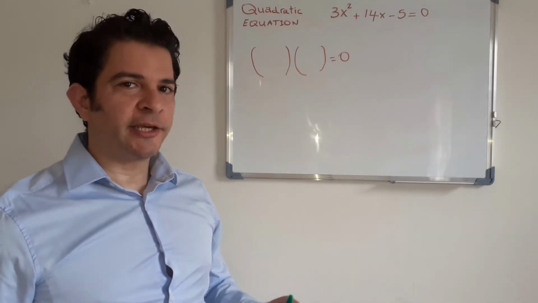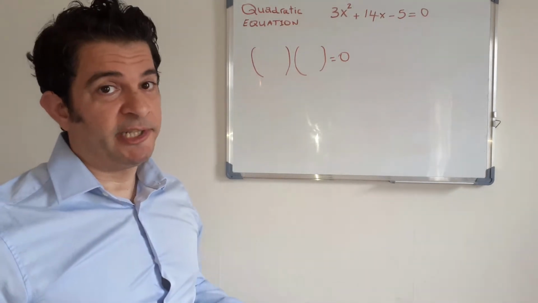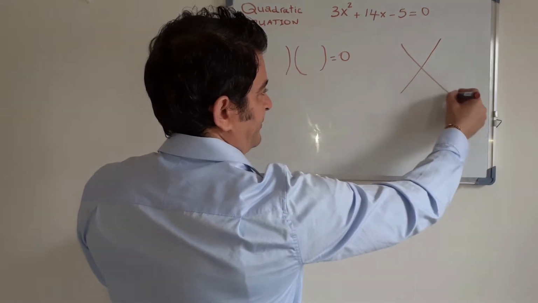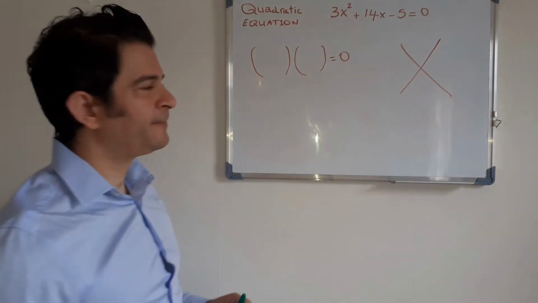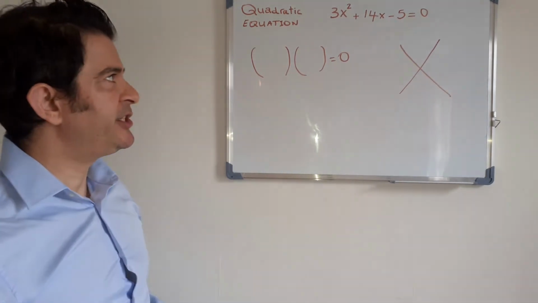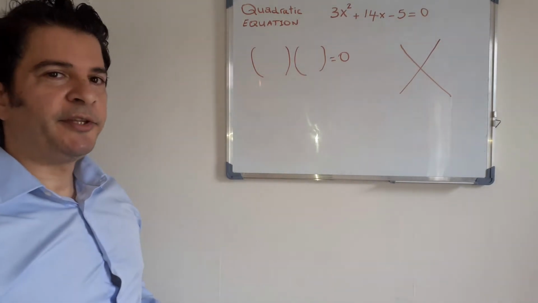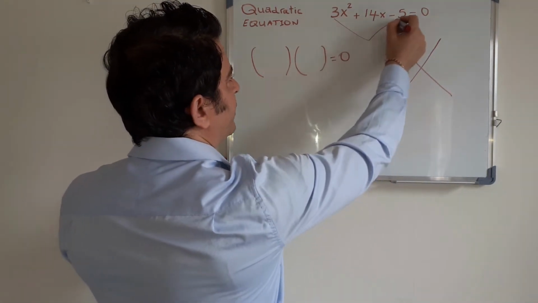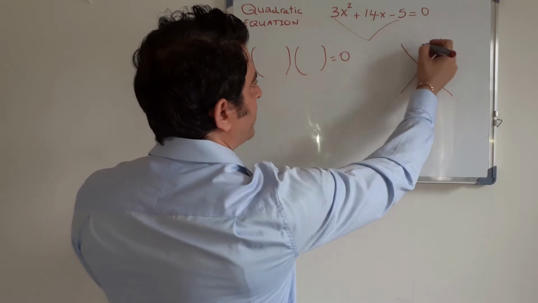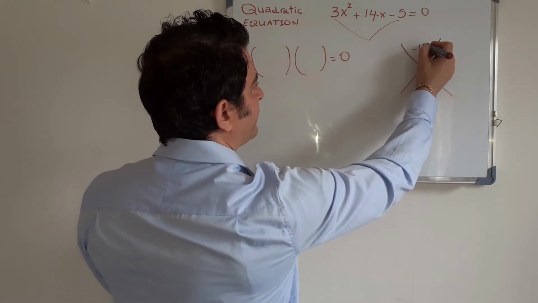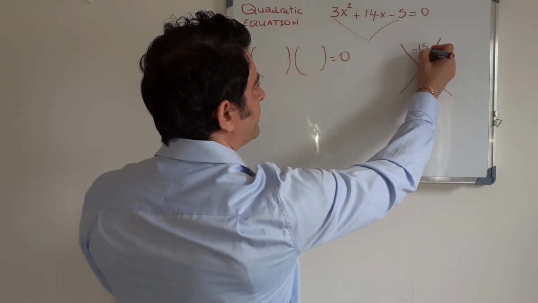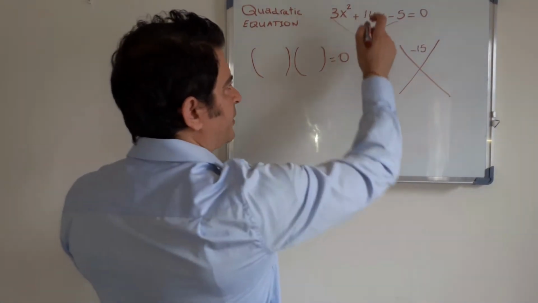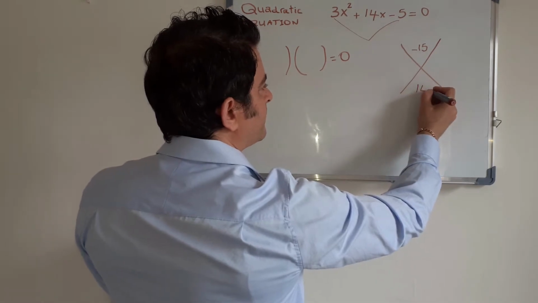The trick is called magic X simply because it's literally an X. So the first thing we need to do is multiply the two coefficients, the first one and that one. So 3 times minus 5 equals minus 15. At the bottom of the X, we put this number, 14.